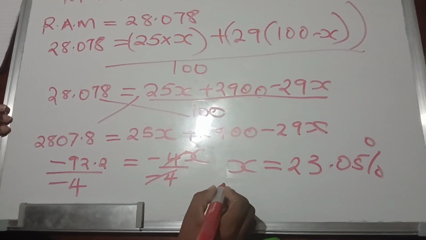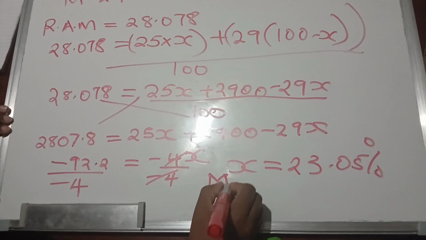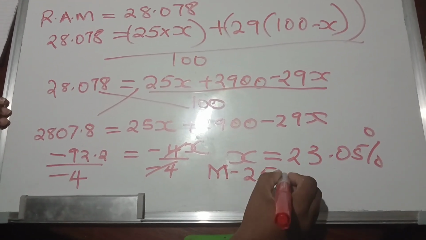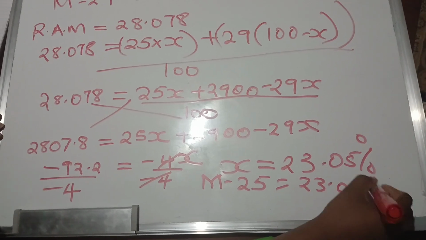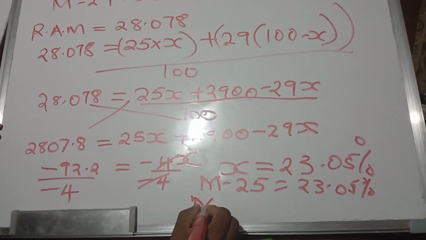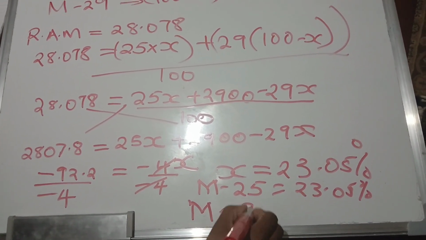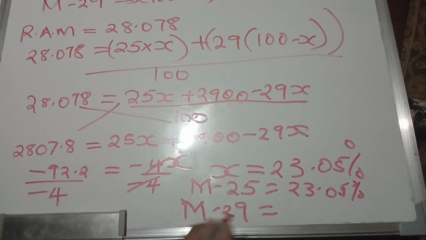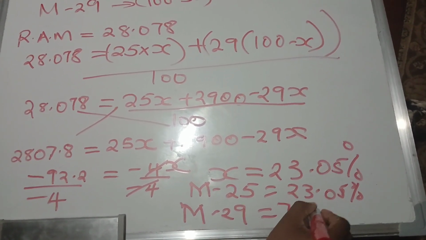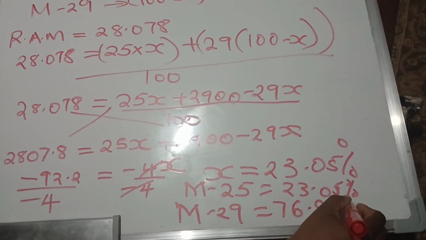So x was M25, 23.05%, while M29 will be 100 minus 23.05%, and it gives us 76.95%.